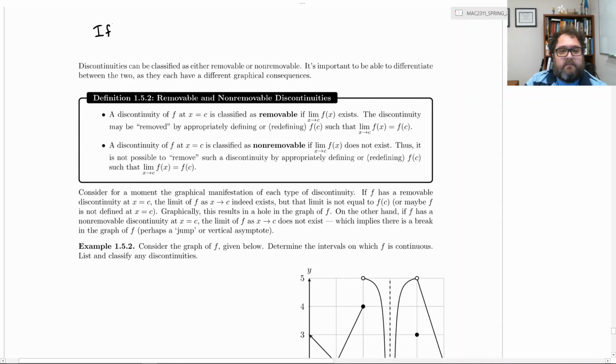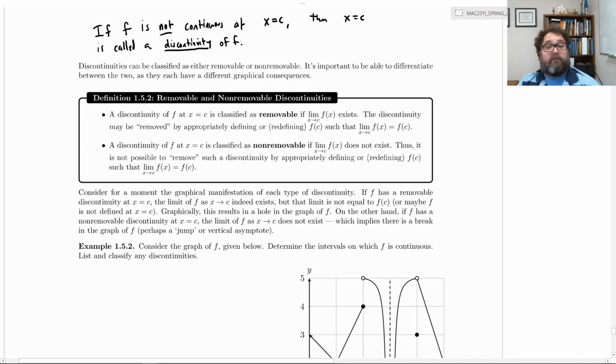If f is not continuous at x equals c, then x equals c is called a discontinuity of f. Where a function's not continuous, we say it's discontinuous, and we refer to that value specifically as a discontinuity.